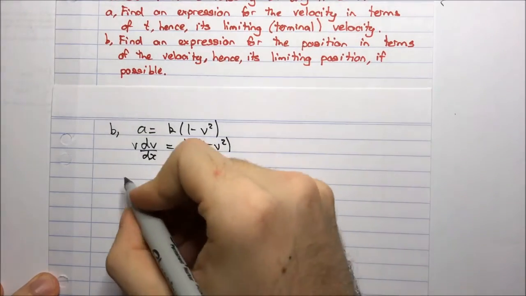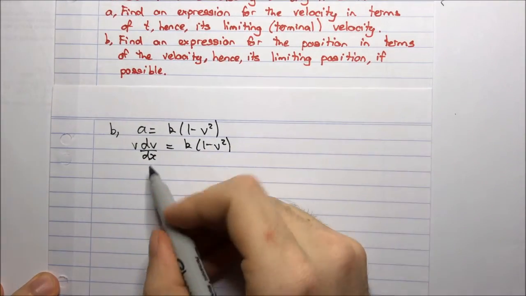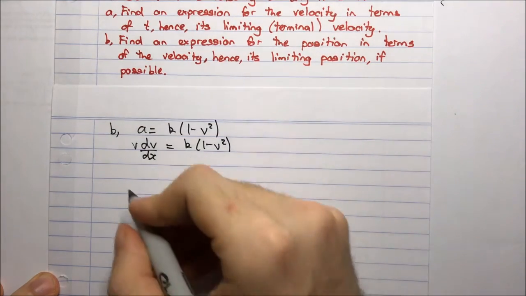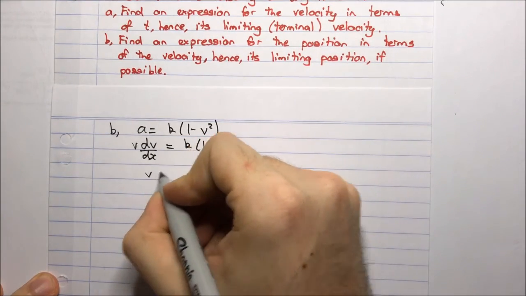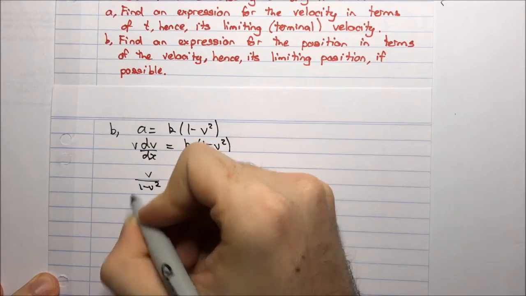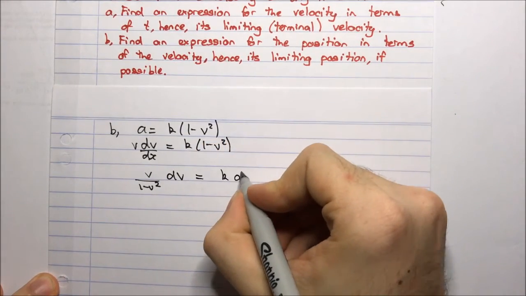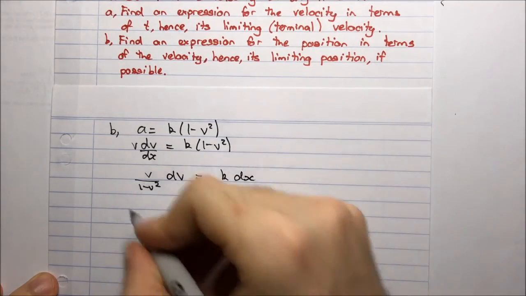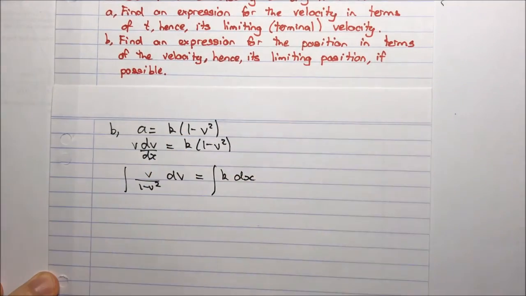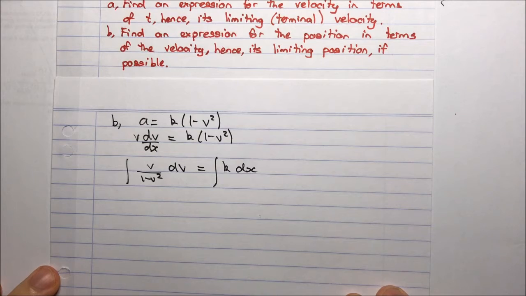Okay, now I can rearrange, get all my v's on one side and all the x's on one side, and I'll have v over 1 minus v squared dv equal to k dx. And then I want to integrate both sides. Here we almost have a log, we almost have the derivative of the denominator on the top.